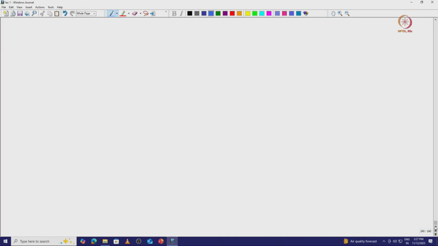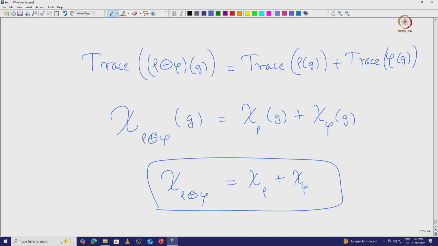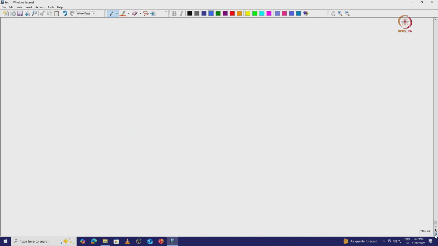Okay. Now here is another important property of this character. If we look at the value at any element g and its conjugate, they are going to be the same under this character function.